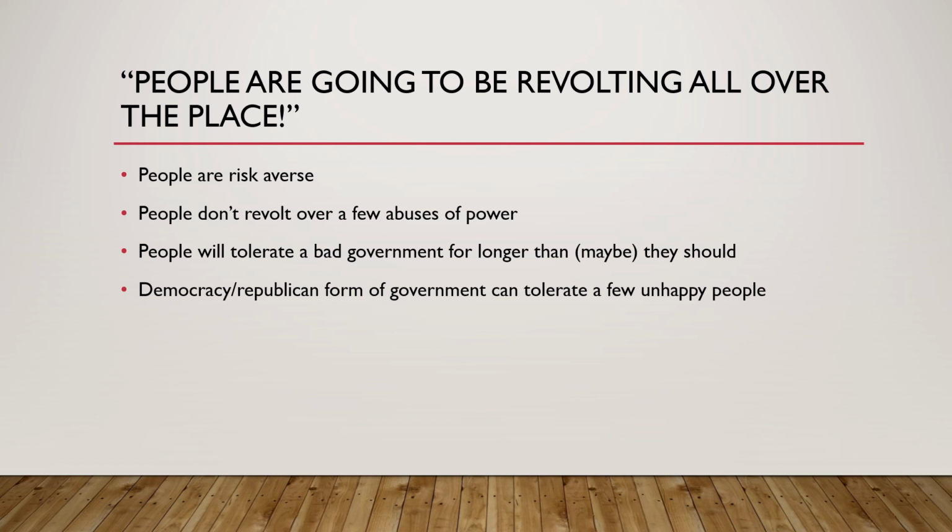So if you look at the preamble to the Constitution, we the people of the United States, in order to form a more perfect union, right? We establish this government and we give this government power. So the Constitution is in many ways a social contract that we entered into in 1787.